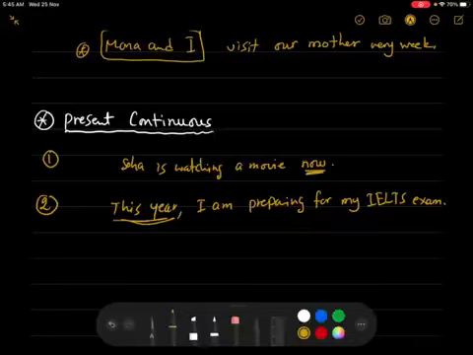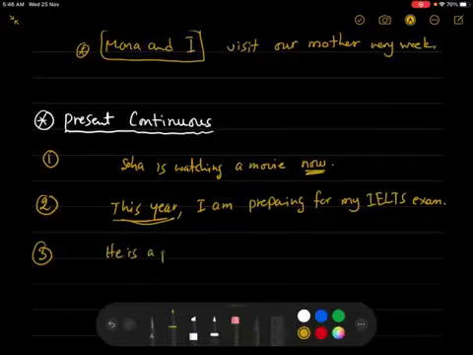We are still in the mood of present continuous because we are expressing an action that is temporary. It has nothing to do with the future and nothing to do with the past. That's why we say that we use present continuous in order to express a temporary activity in the present.